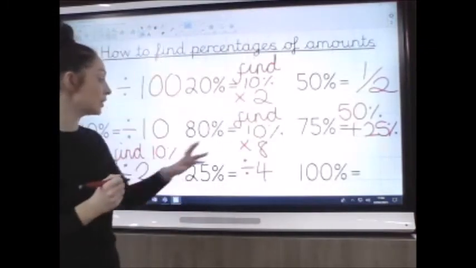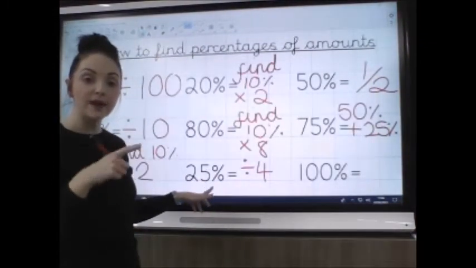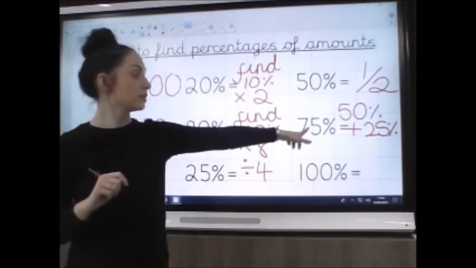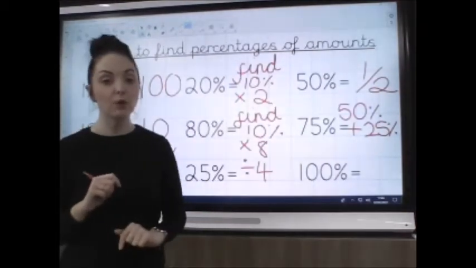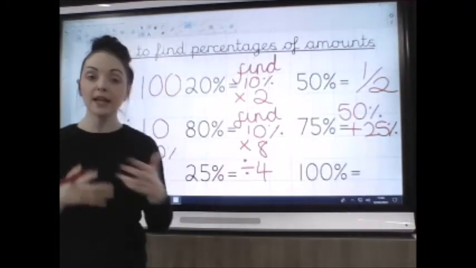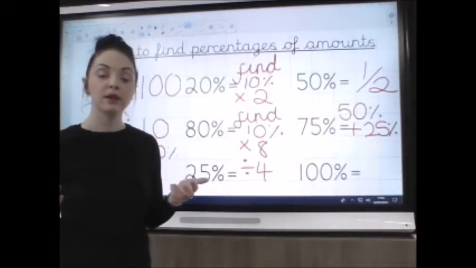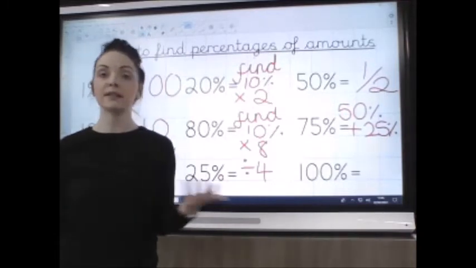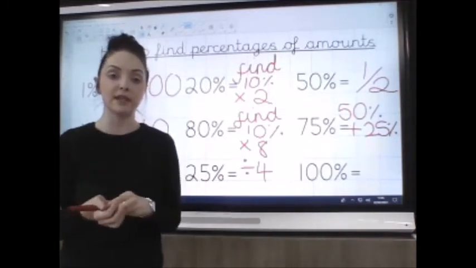Or like I said, you could divide it by 4 to find 25% and multiply it by 3. Because 75% is the same as 3/4, isn't it? And 25% is 1/4. 100% then is just the number you started with. That's your original number. So if you were finding 100% of 70, your answer would be 70. Okay?